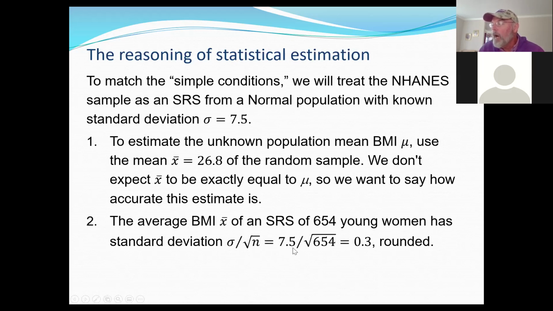So 7.5 over the square root of 654 is equal to 0.3. Okay, this term right here could be called the standard error. Okay, the standard error. And so 0.3 is the standard error.